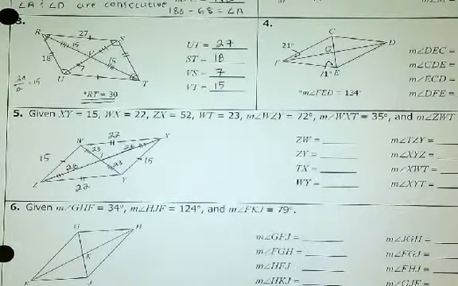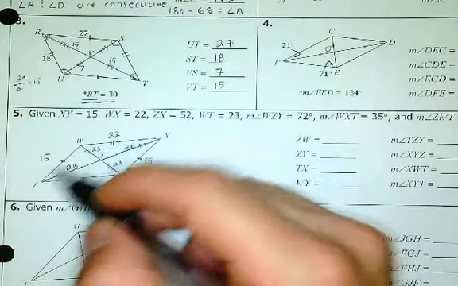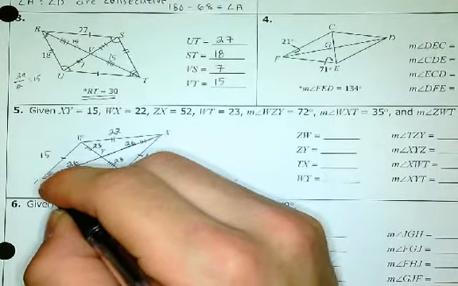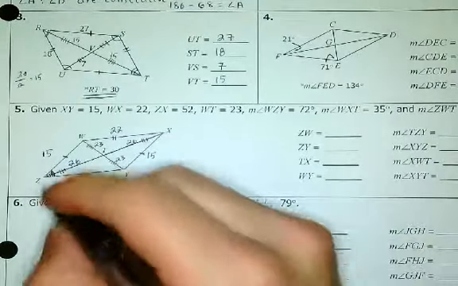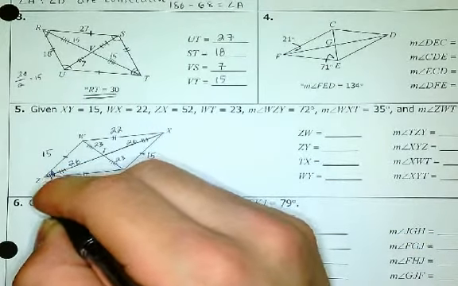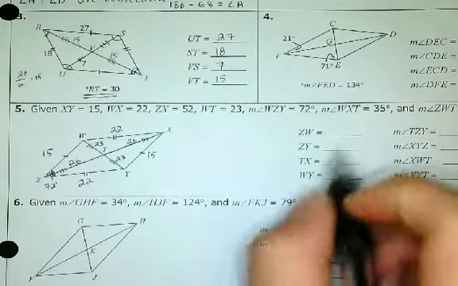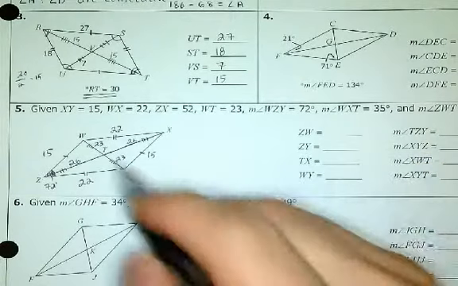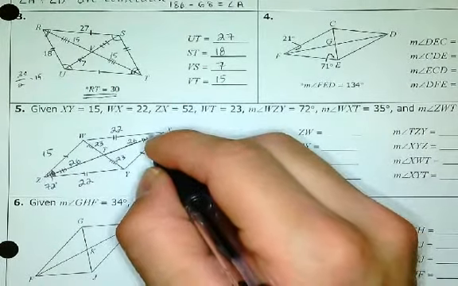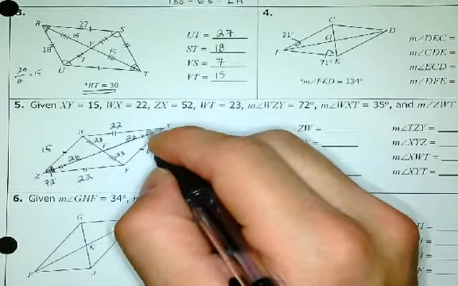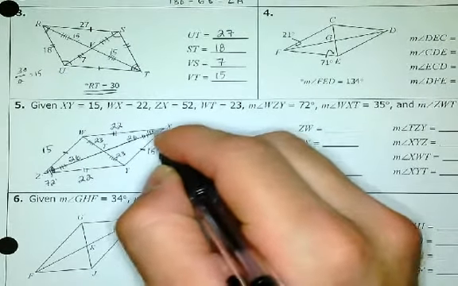Alright, moving on to the angles. WZY. That's the large angle we're talking about here. So the large angle is 72 degrees. Boom, just like that. WXT. This guy right here is not the full thing, it's just half.